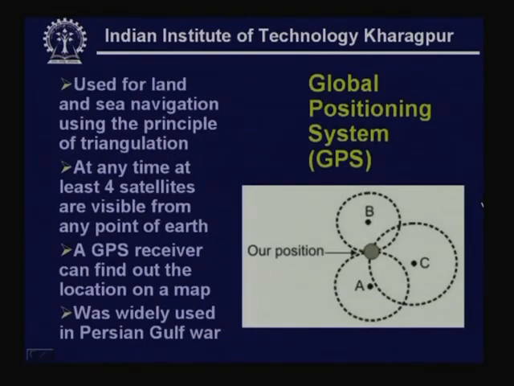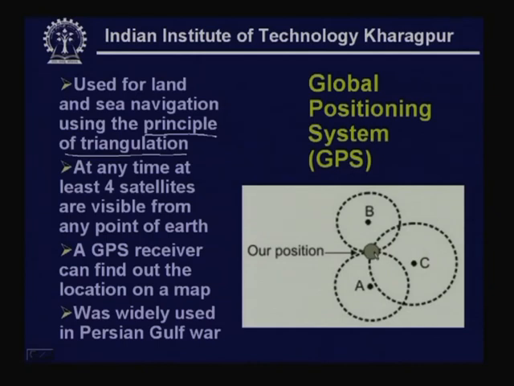This global positioning system is used for land and sea navigation using the principle of triangulation. So, here you have got 3 known positions A, B and C. These are the 3 positions of a satellite, and this is one unknown position.